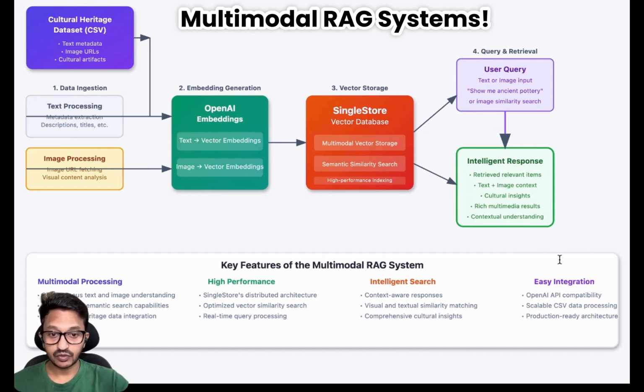When a user submits a query, the system converts it into the same embedding format and performs semantic similarity searches across both modalities, text and image. Finally, the system generates an intelligent response by retrieving the most relevant chunk based on combined text and visual similarity scores, delivering rich multimedia results that include contextual descriptions, historical insights, and corresponding images based on the user query.